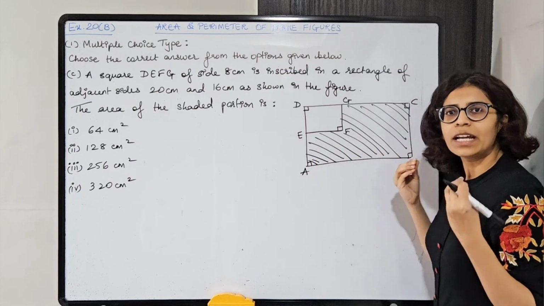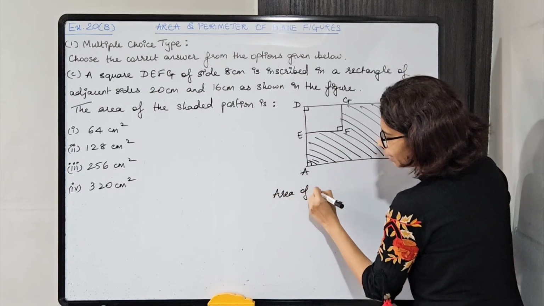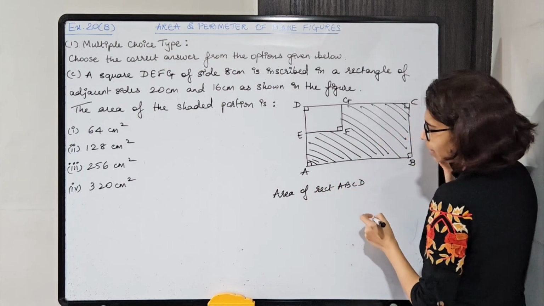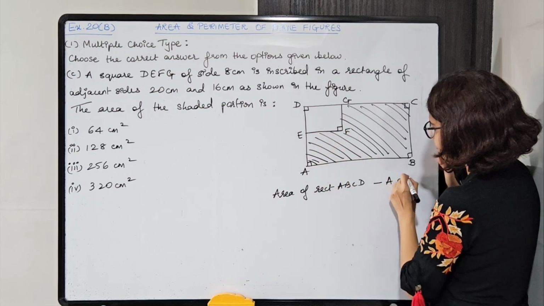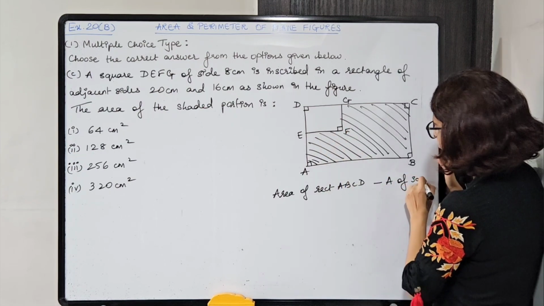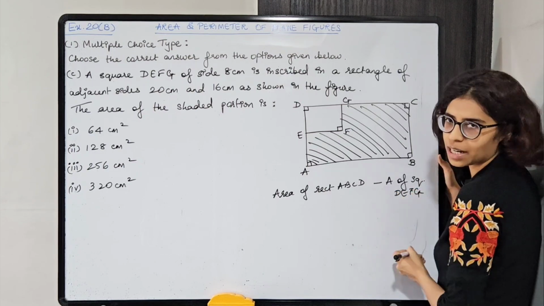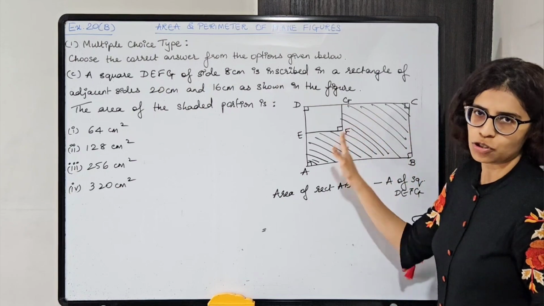So what I'll do is I'll find out the area of rectangle ABCD and subtract the area of this square, the area of square DEFG. We will subtract it, and the area we get will be the area of the shaded portion.